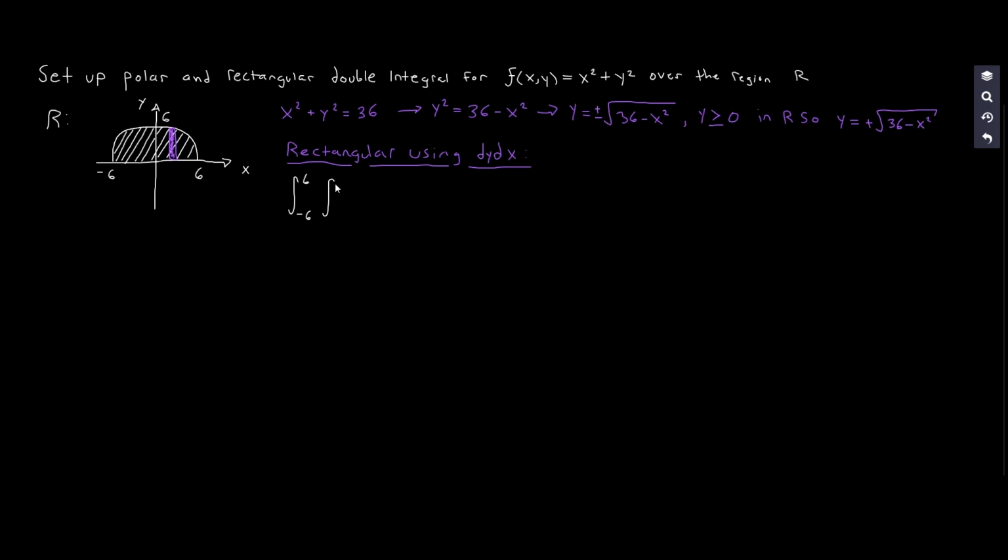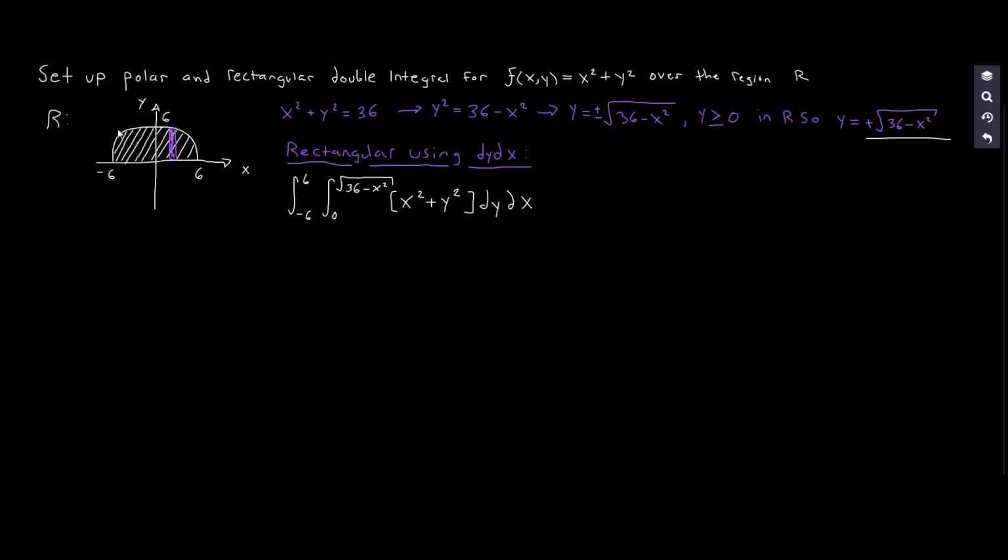For the y-axis, it's going from 0 to what we just pulled here, y equals the positive root of 36 minus x squared. And in the integrand, it's still x squared plus y squared, dy dx. So that's the rectangular setup.